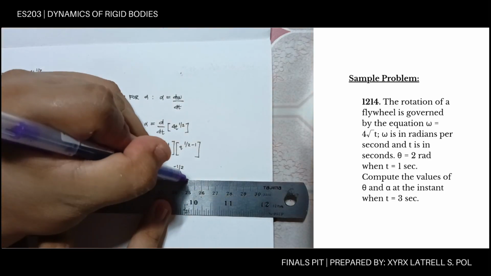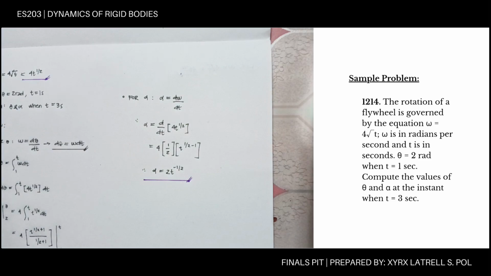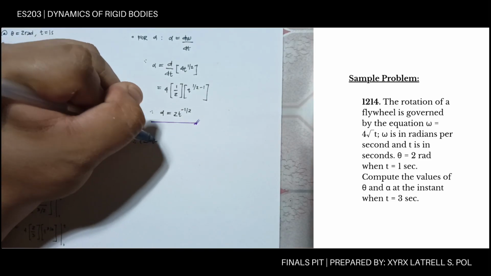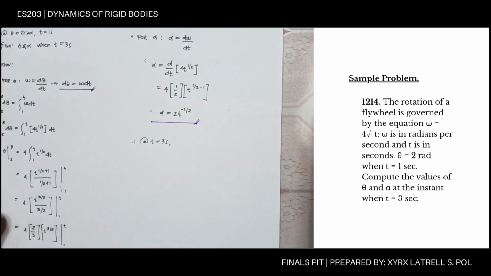The only thing to do now is to substitute t that equals 3 in the equations that we have to find the answers. So, input nyo na lang to sa calculator guys para ma-double check.